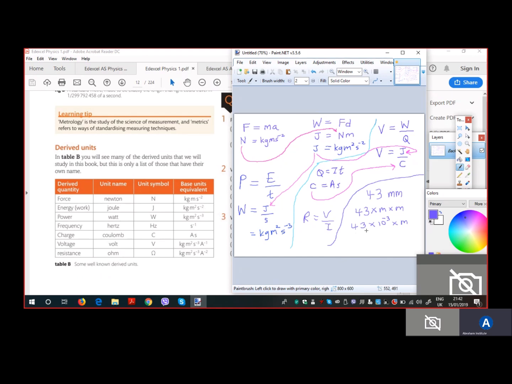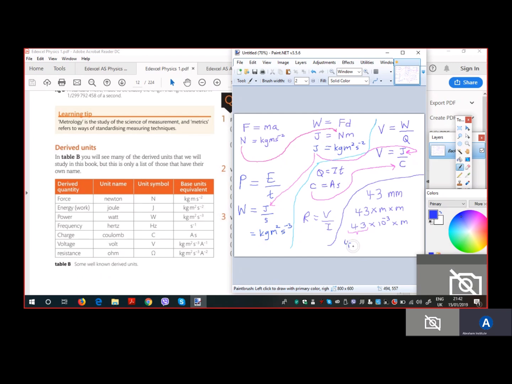Now you can see the problem here is the decimal point is after the 3, but when we write it in scientific notation, the decimal point should be after the 4. So just think about this part only for now, just the 43, and write it in scientific notation.